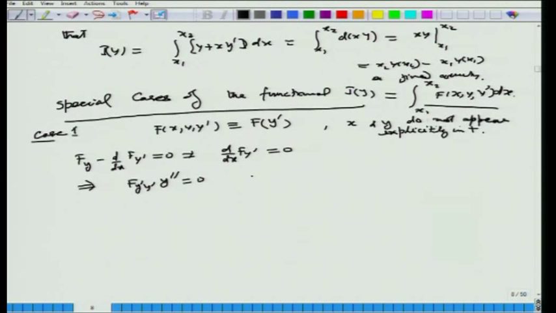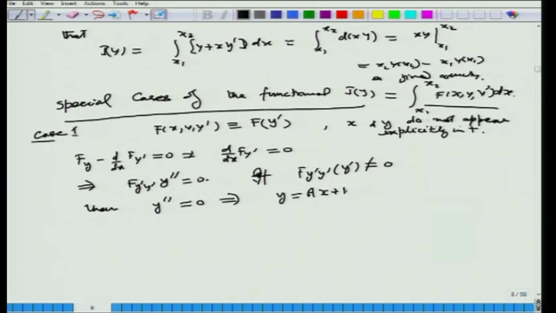So, if this f_y prime y prime is not equal to 0, then y double prime must be equal to 0, which implies that y equal to a x plus b.